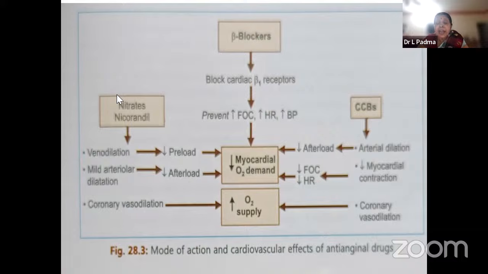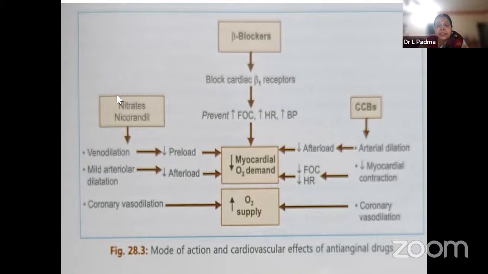There are additive effects: beta blockers cause bradycardia, whereas the others cause tachycardia, and the additional effects like decreased preload and afterload are balanced by beta blockers increasing force of contraction. Together, blood pressure is also maintained to a certain level. So you can combine beta blockers with either of them, but never use nitrates, nicorandil, and CCBs together.